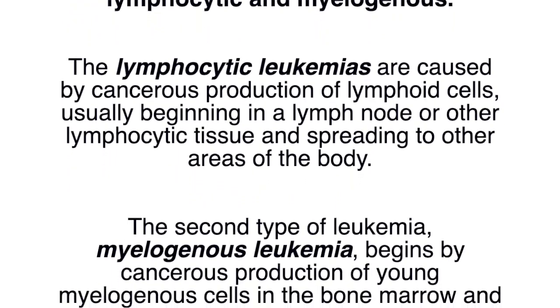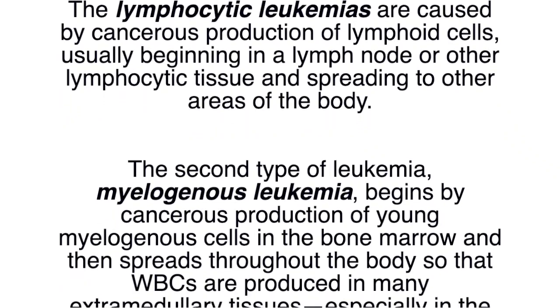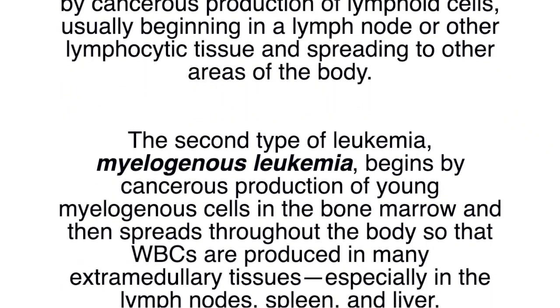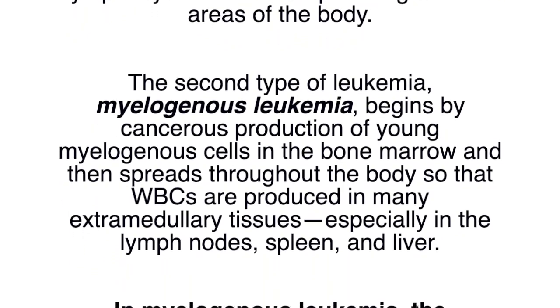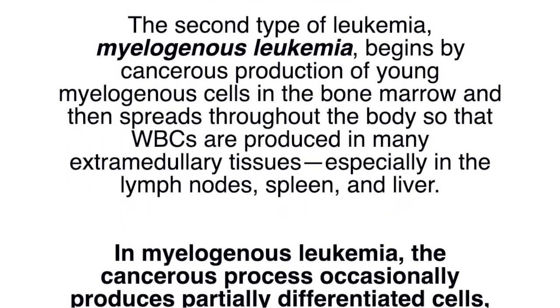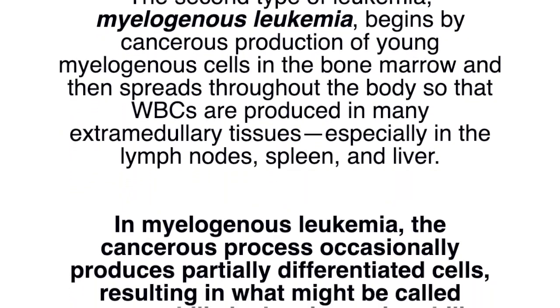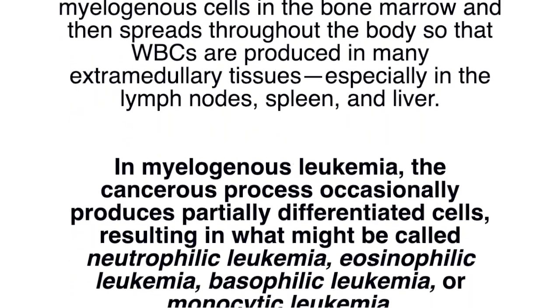The second type of leukemia, myelogenous leukemia, begins by cancerous production of young myelogenous cells in the bone marrow and then spreads throughout the body so that WBCs are produced in many extramedullary tissues, especially in the lymph nodes, spleen, and liver.